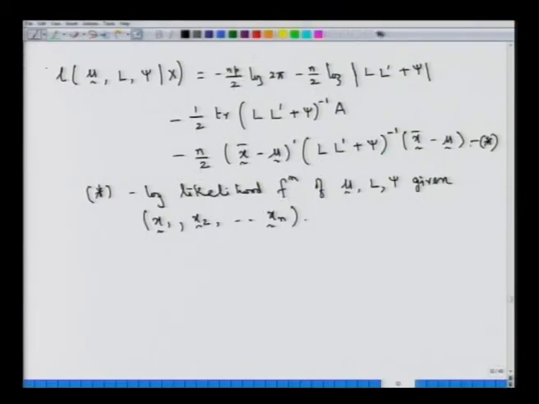The choice of L is not unique, as we have seen in the m factor model, and as such we need to impose certain additional conditions in order to make L unique. That is the type of condition used in order to maximize this, subject to the conditions which would make L unique.